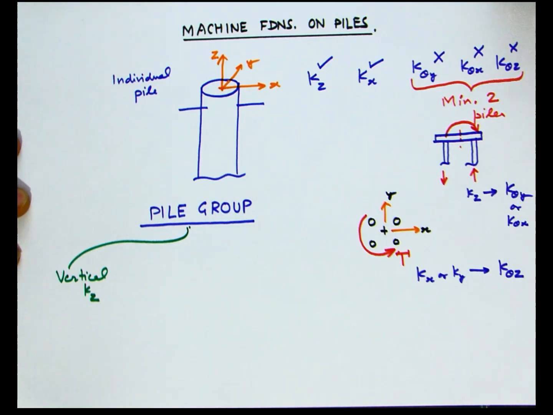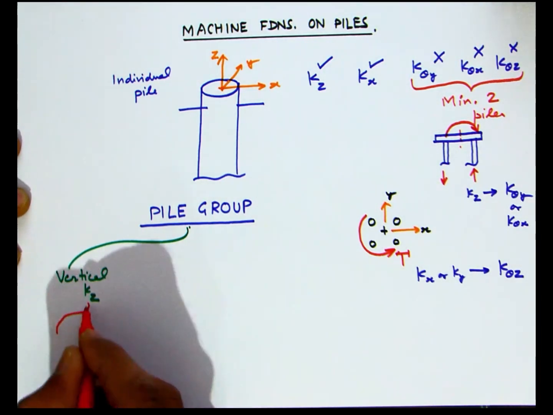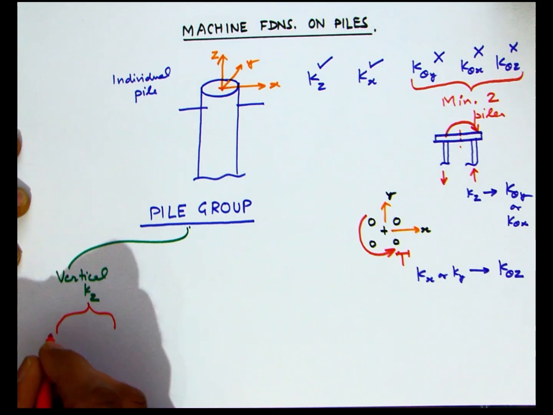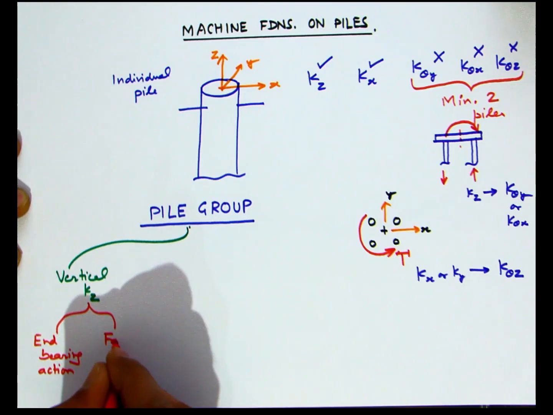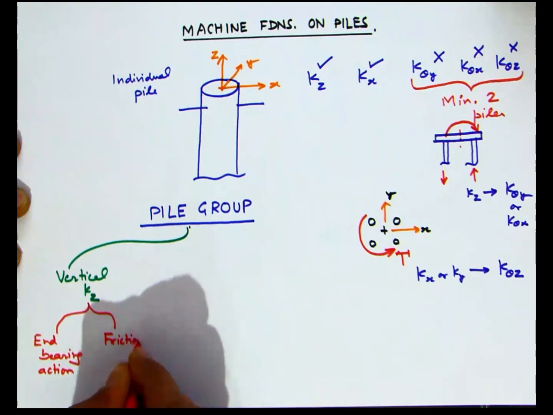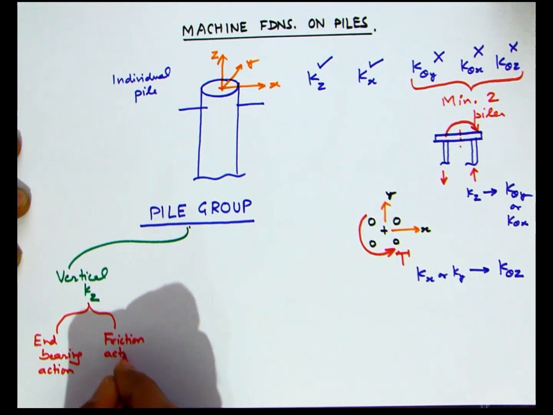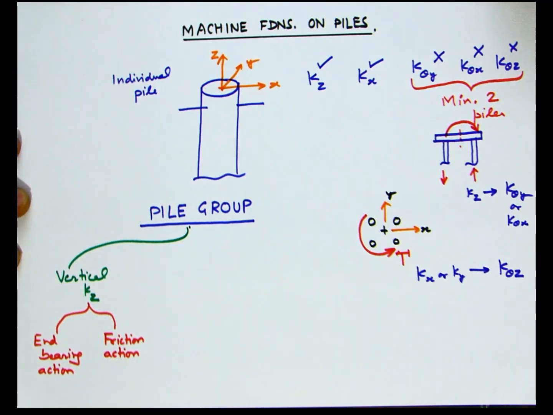In the vertical direction, it is basically Kz of the individual pile that gives rise to the vertical stiffness of the group. Now the individual pile may be an end bearing pile or it could be a friction pile. So accordingly, the source for Kz could be the end bearing reaction or it could be friction.